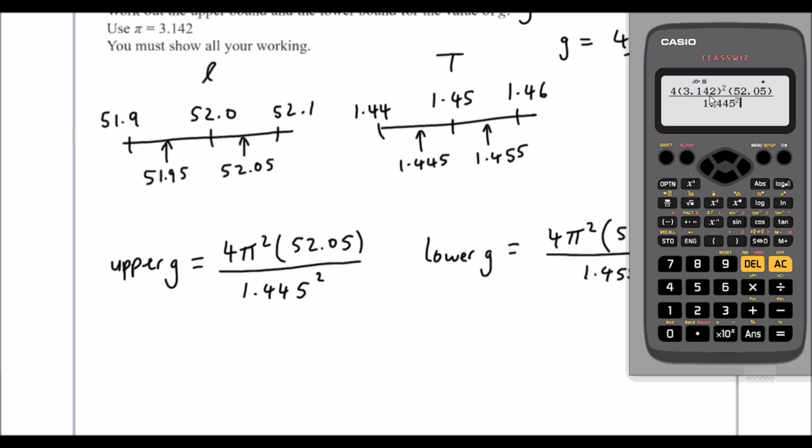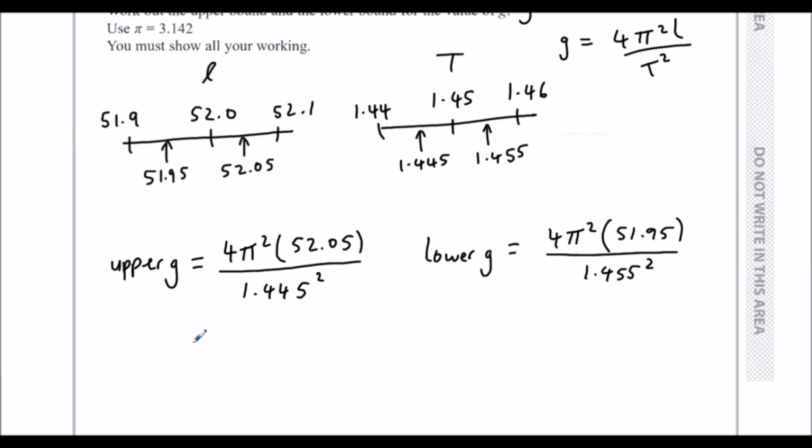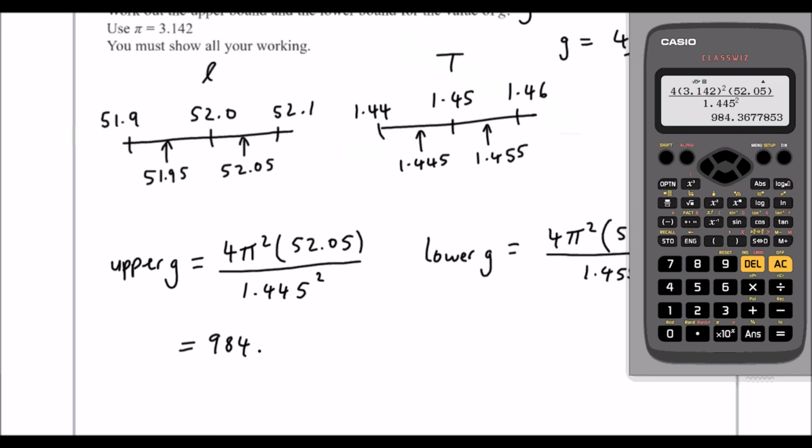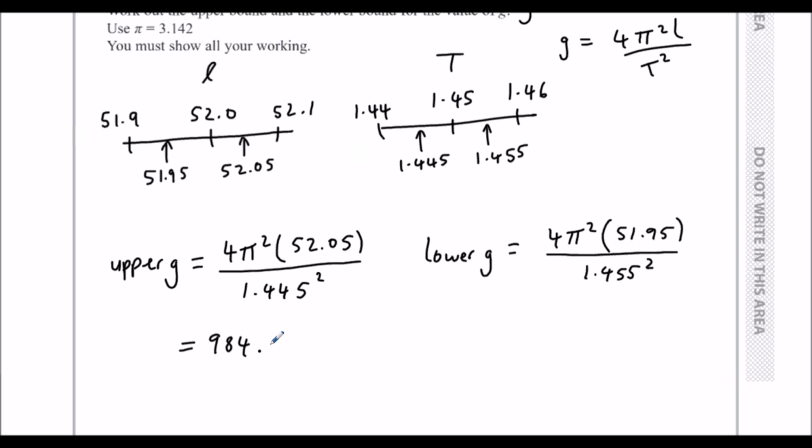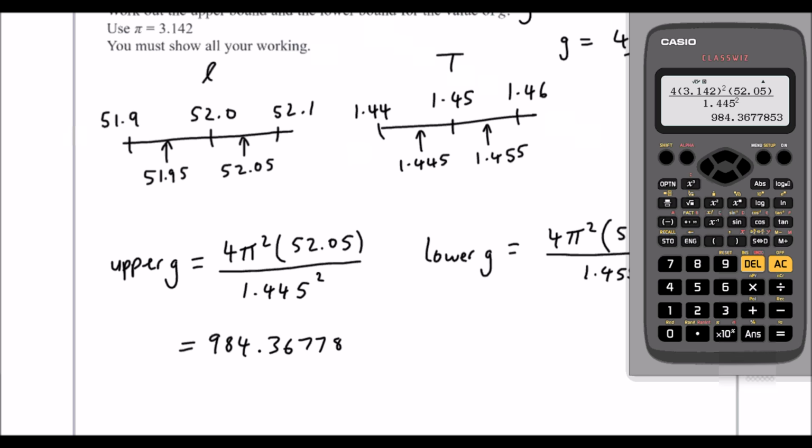So 4 pi squared times 52.05 over 1.445 squared. So 984.367853.